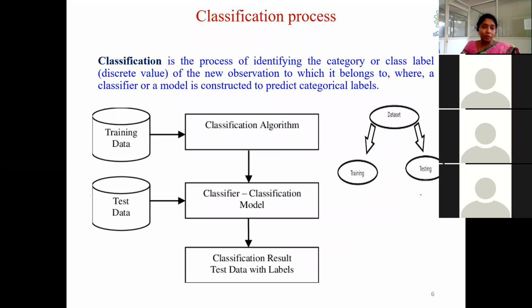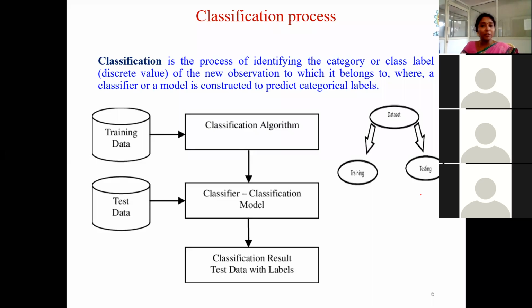And coming to the actual process of classification, this is somewhat in depth. Classification is the process of identifying the category or class label, which is discrete valued. Why? Because if it is not discrete valued, if it is continuous, that process is referred to as prediction, not classification. So when you are talking about classification, the label should be a discrete value, that means categorical.